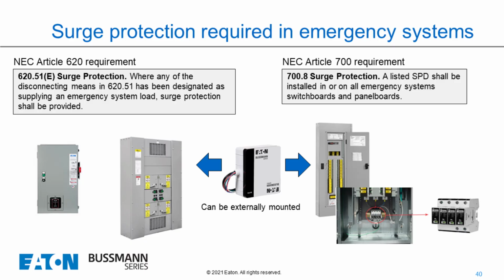And in the picture down at the bottom right, we're seeing that this is a surge protector on the far right, and it's basically on the load side of the bus that it's wired into and then goes to ground. In the middle is one of our external surge protectors, and they basically are mounted externally to the panel itself.